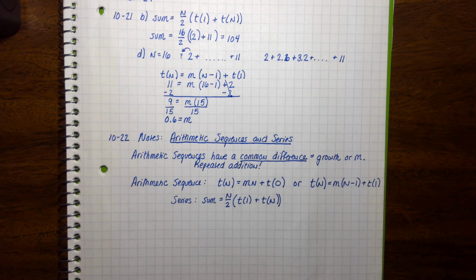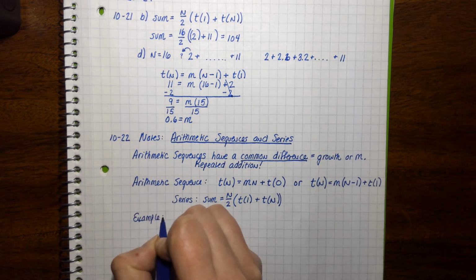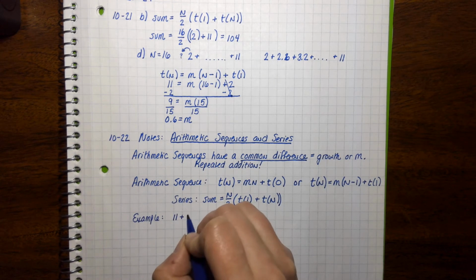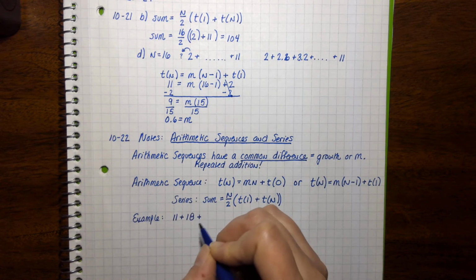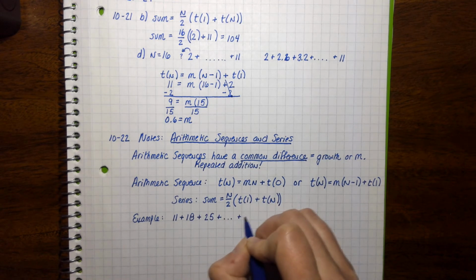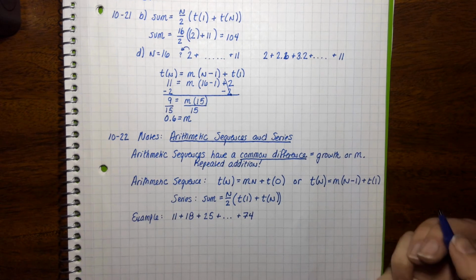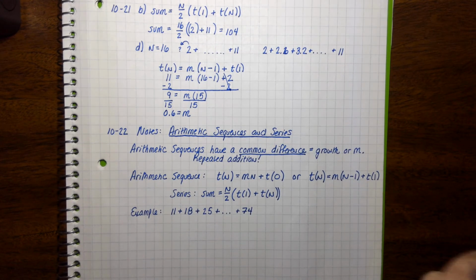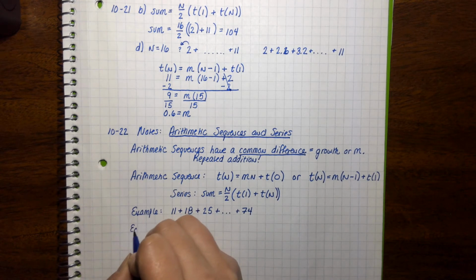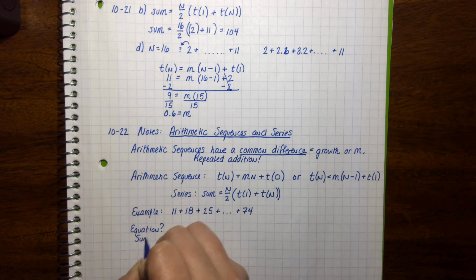All right, so we're going to do an example, which is 11 plus 18 plus 25 plus ... plus 74. And I want to find the equation and the sum.